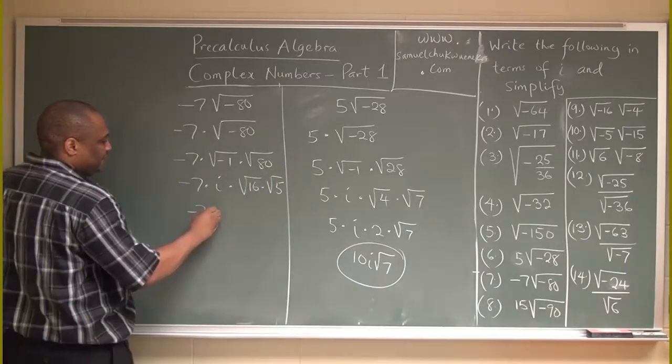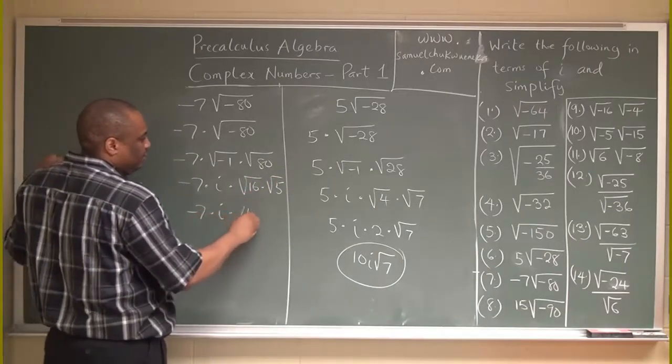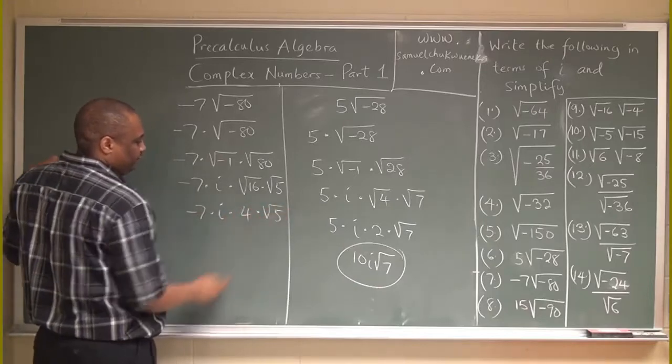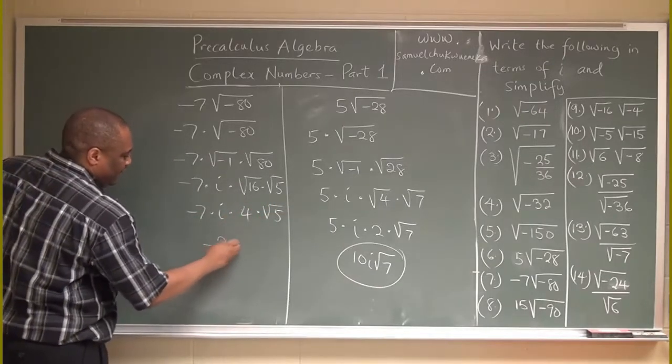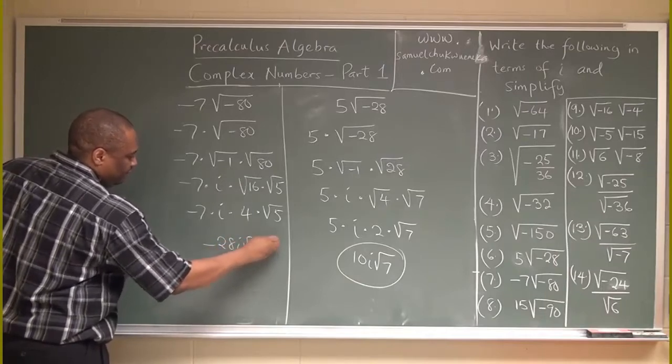So this is negative 7 times i times 4 times square root of 5, which is negative 28i square root of 5.